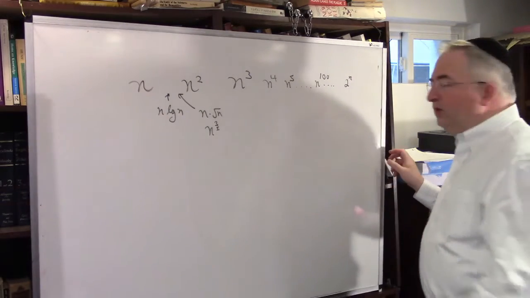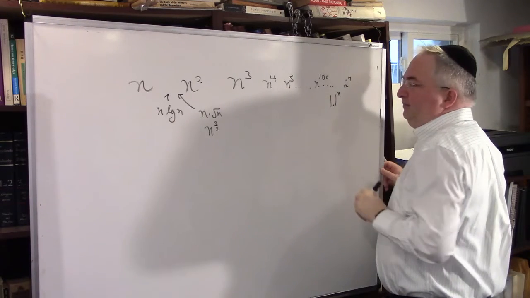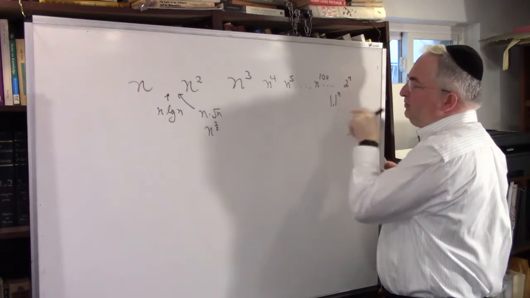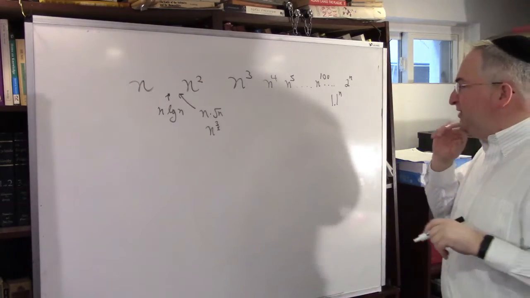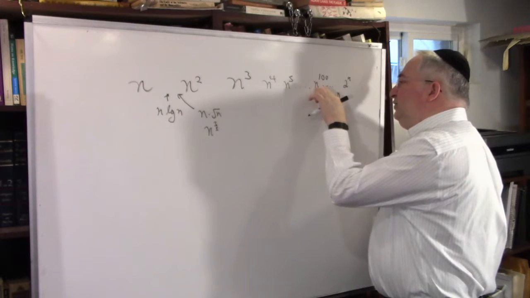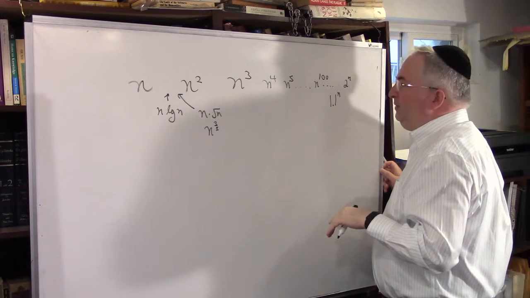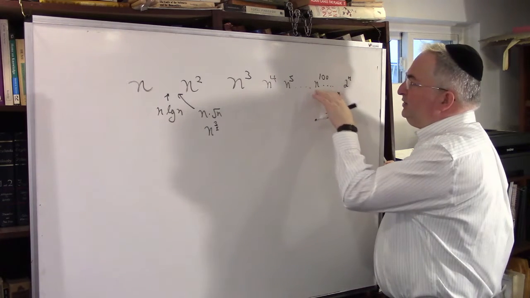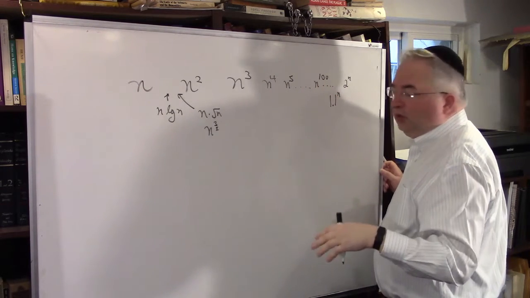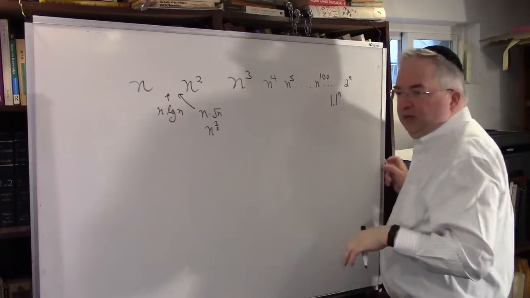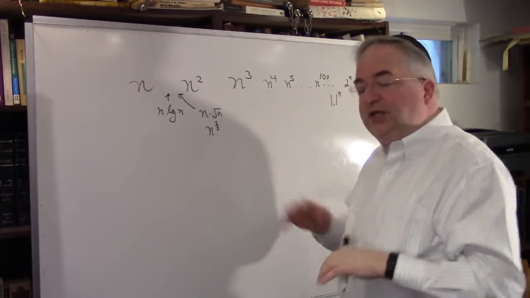But there's something before 2 to the n. For example, 1.1 to the n is exponential, but this is also exponential. I once told this in a class: n to the 100, and then you have 1.1 to the n. A kid in my class said he didn't believe it. He said, you plug in 10 here, 10 to the 100th power is a googol, and 1.1 to the 10th power is nothing. I explained to him we don't care about small inputs, and he didn't believe me.